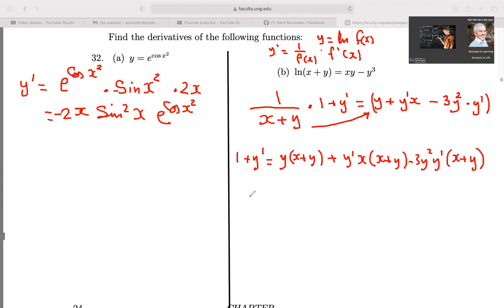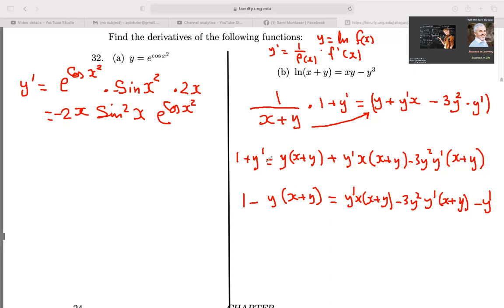So I'm going to go 1 minus y times x plus y equals the y prime x that we have already there, times x plus y, minus the 3y squared y prime times x plus y, minus y prime.